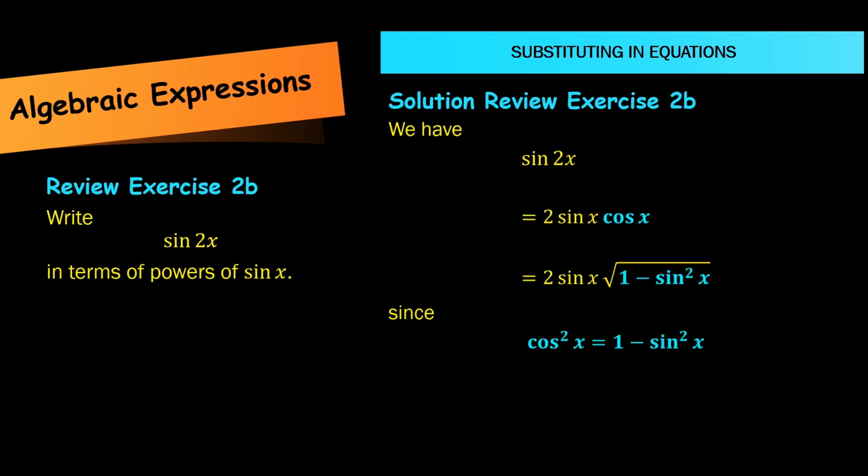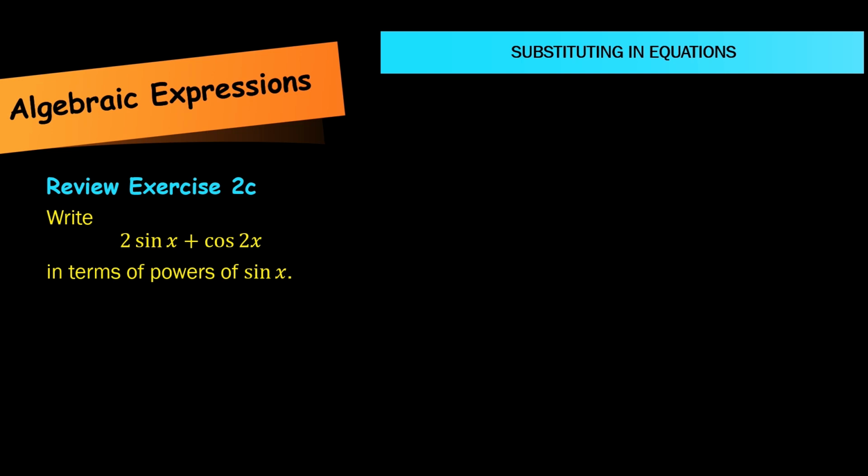And then replacing cos x by square root of 1 minus sine squared x gives us 2 sine x cos x equals 2 sine x times root of (1 minus sine squared x). And now for part C.